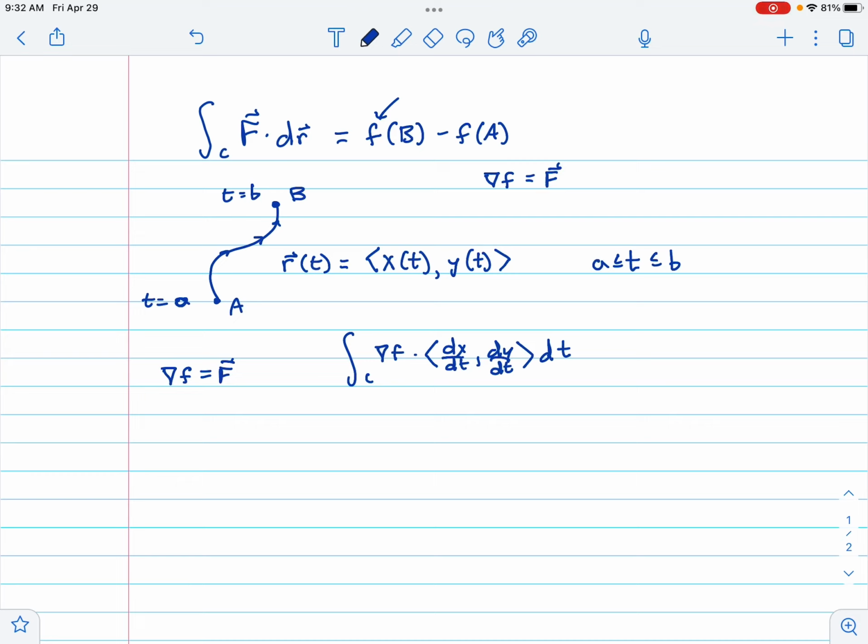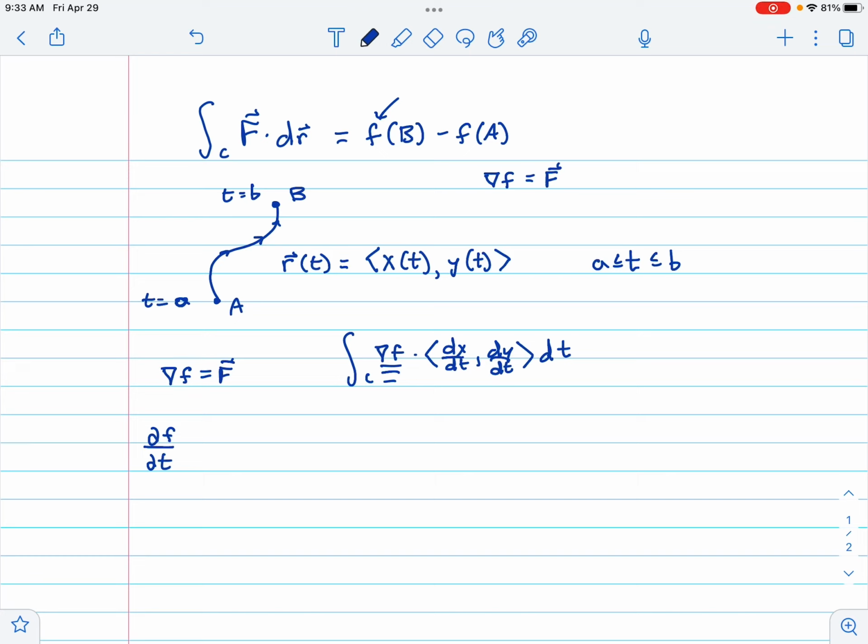Now, remember the gradient of f. So let's think about this now. What I'm doing is I'm replacing the x and the y to be in terms of t. So I'm going to view f only along this curve. So let's look at this thing. Let's do the partial of f with respect to t.